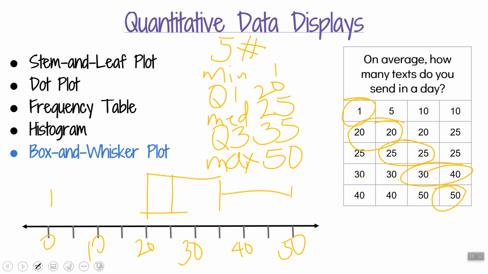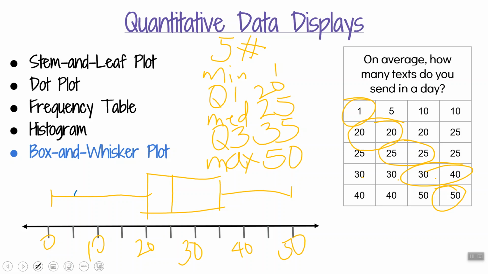The middle is your box, and the end is your whiskers. The great thing about a box and whisker plot, part of the reason it's used so frequently, is because it takes out all the specifics, but it leaves some. You still know where your min and your max are, and you still know where that median is.